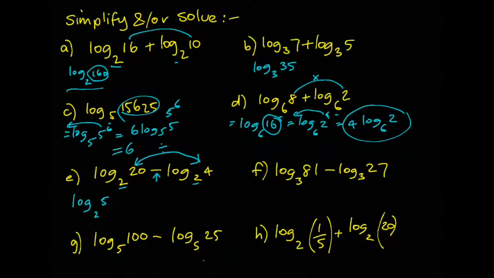Now this one, both these numbers can be set up for indices of base 2. However, we're going to do the division first. So log to base 3 of 81 divided by 27, which equals log 3 of base 3. And that is simply 1.